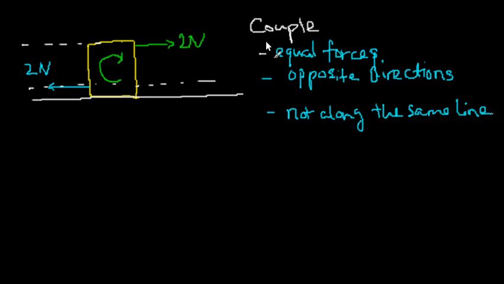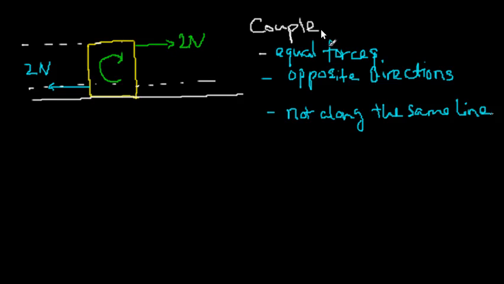So we can say that that's a stronger couple. Or if the two forces are further apart, that is, the two lines of action of the forces are further apart, we would also imagine that there's a bigger moment from each force, and therefore a bigger turning effect.